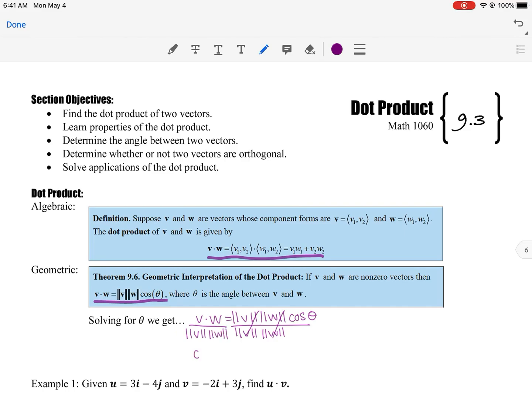So we get cosine of theta equals the dot product divided by the magnitudes. And if you wanted to take it one step further, then theta equals arc cosine of that quantity.